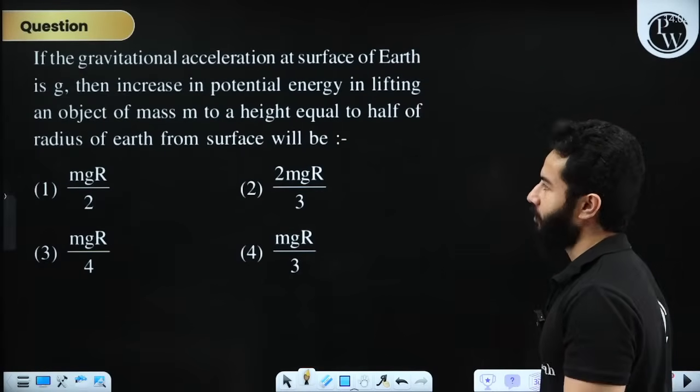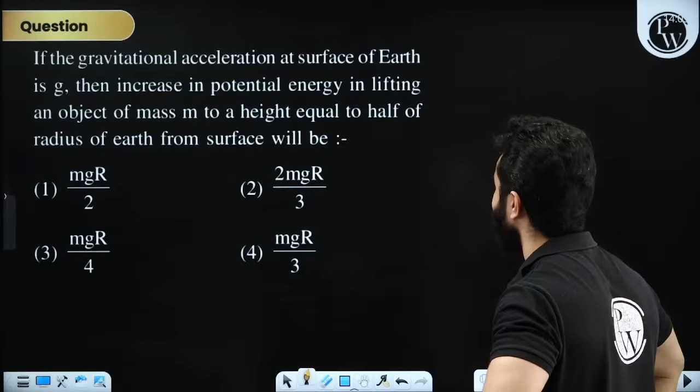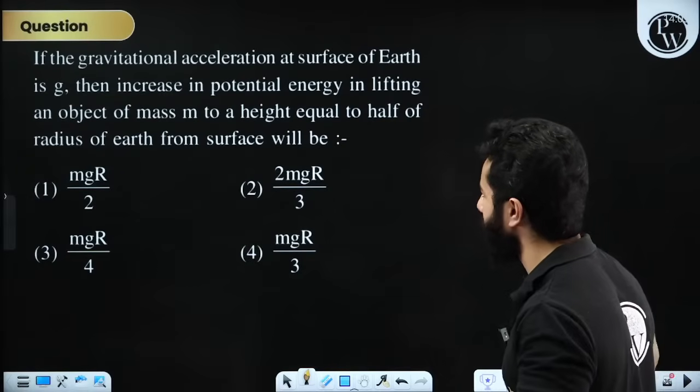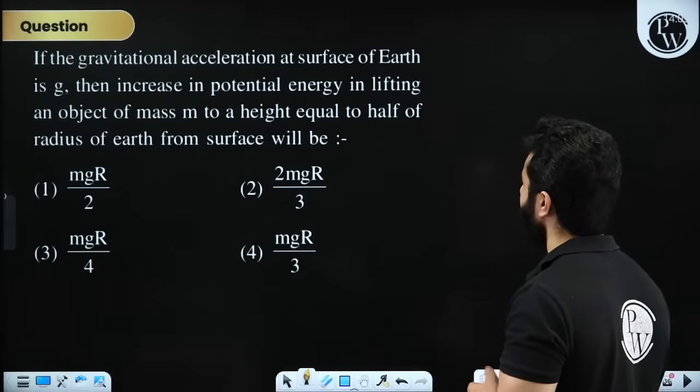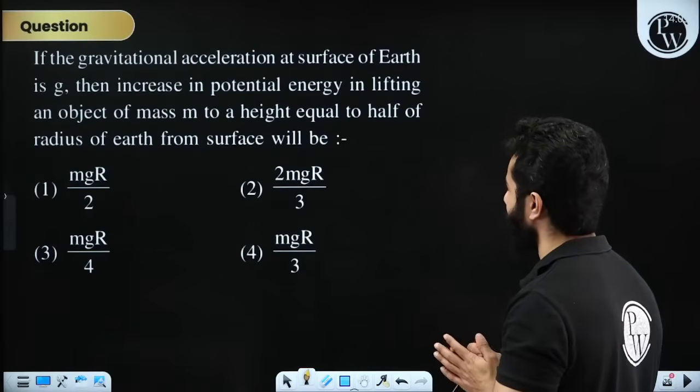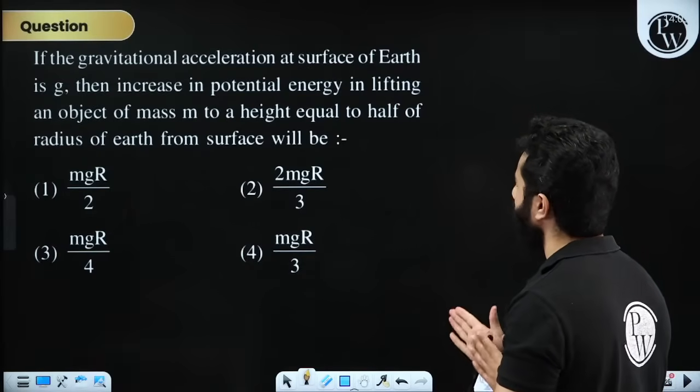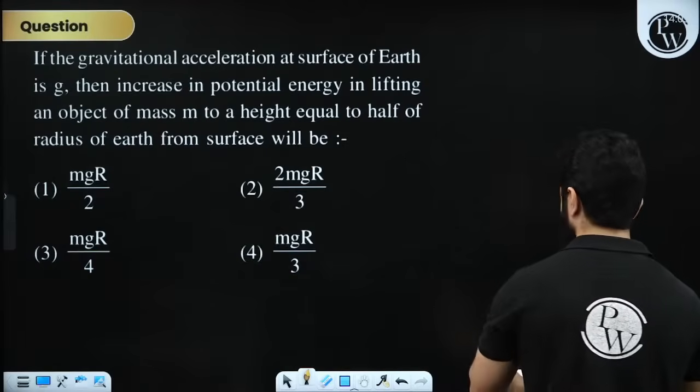Let's solve some questions from gravitation. If the gravitational attraction at the surface of earth is small g, then the increase in potential energy in lifting an object of mass small m to a height equal to half of the radius of earth from the surface will be.